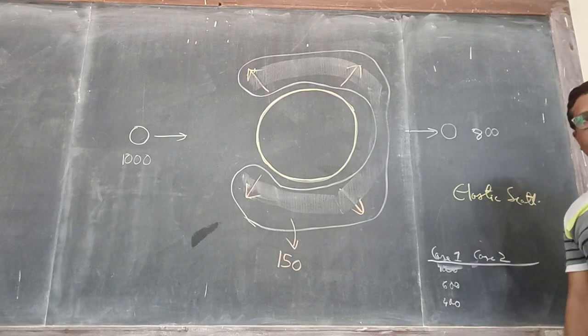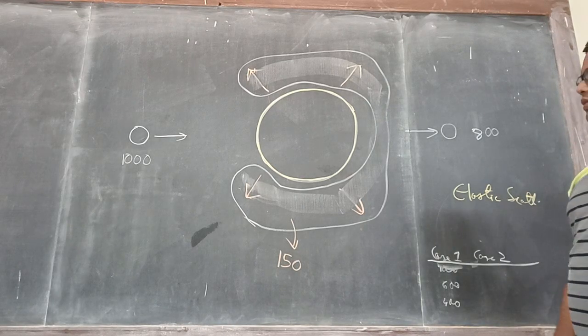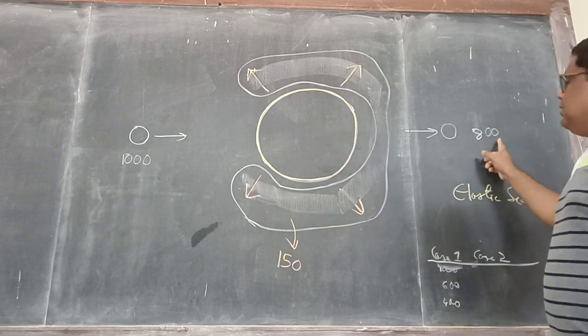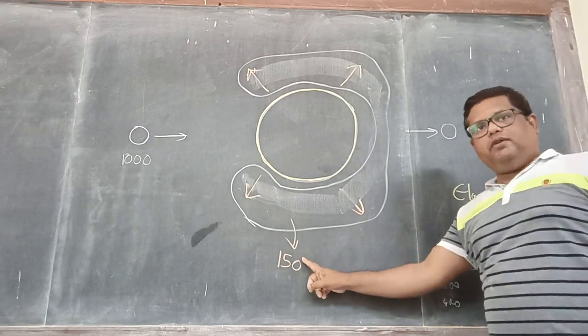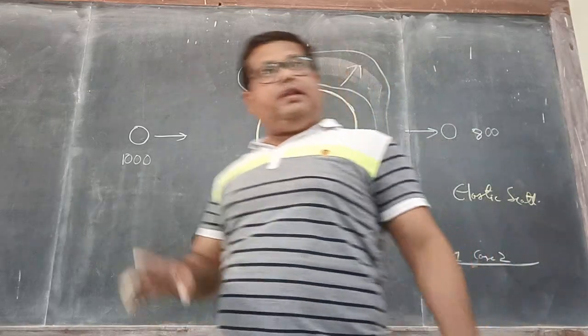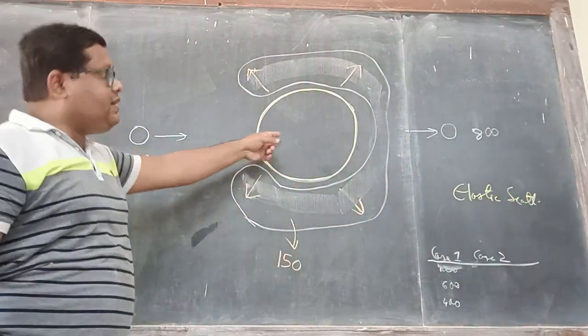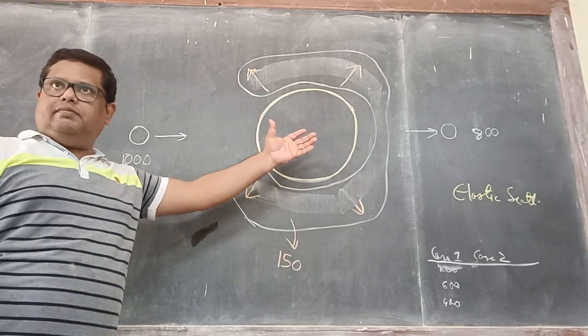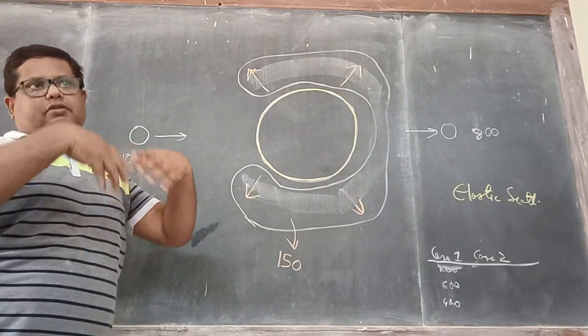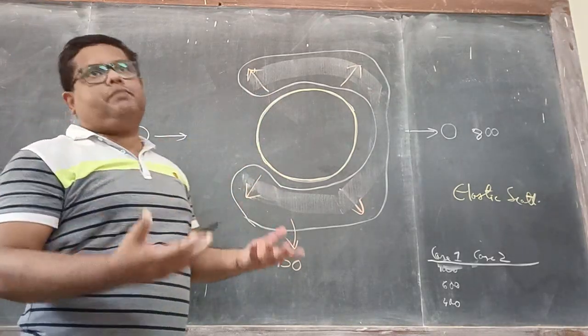So, where is the rest going? You see, 1000 minus 800 is 200. 200 minus 150 is 50. So the rest has been absorbed by this nucleus, and because of this absorption there will be some effect.